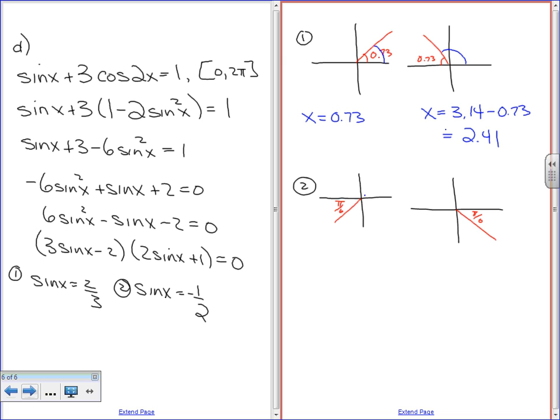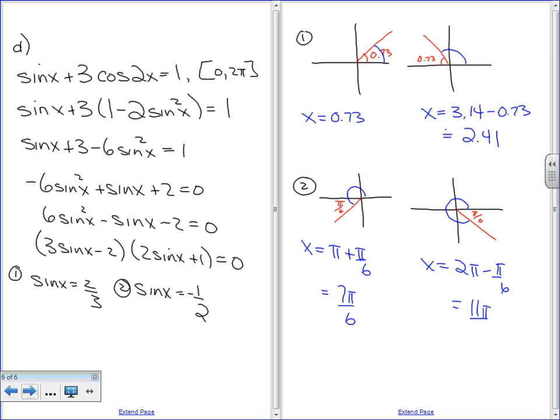Determine your angle in standard position: pi plus pi over 6. This time I can use the exact value for pi because I have the exact value for the related angle, which is 7 pi over 6. And this one here is 2 pi minus pi over 6, which is 11 pi over 6.